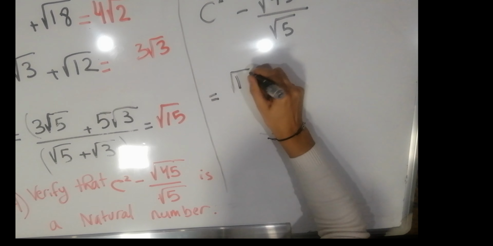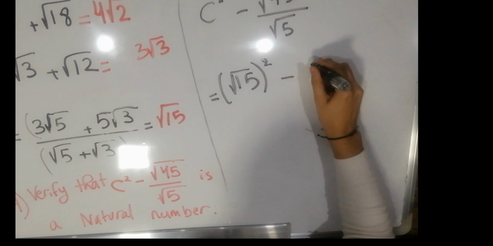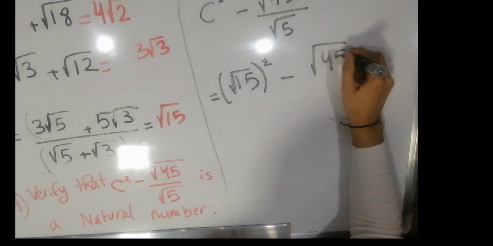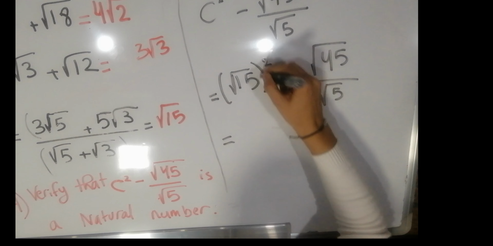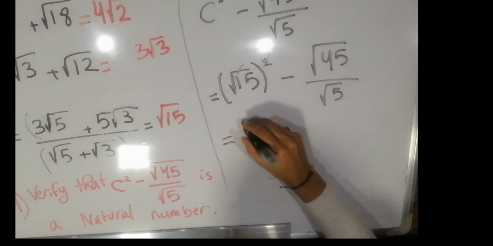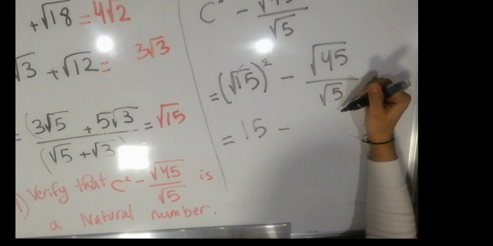So radical 15 to the power 2 minus radical 45 over radical 5. Now the square will be gone with the radical, so 15 minus radical 45 over radical 5.